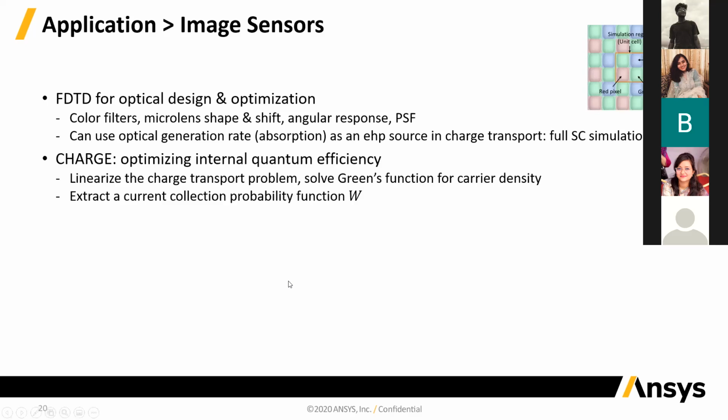And then in CHARGE, you will run electrical simulation to figure out the internal quantum efficiency. So you will take the generation rate coming from the FDTD simulation. FDTD simulation tells you how much light is getting absorbed and how many electron hole pairs are getting generated by that absorption. And then in CHARGE, you can actually simulate how those electron hole pairs are moving across your pixel and getting collected at different contacts.